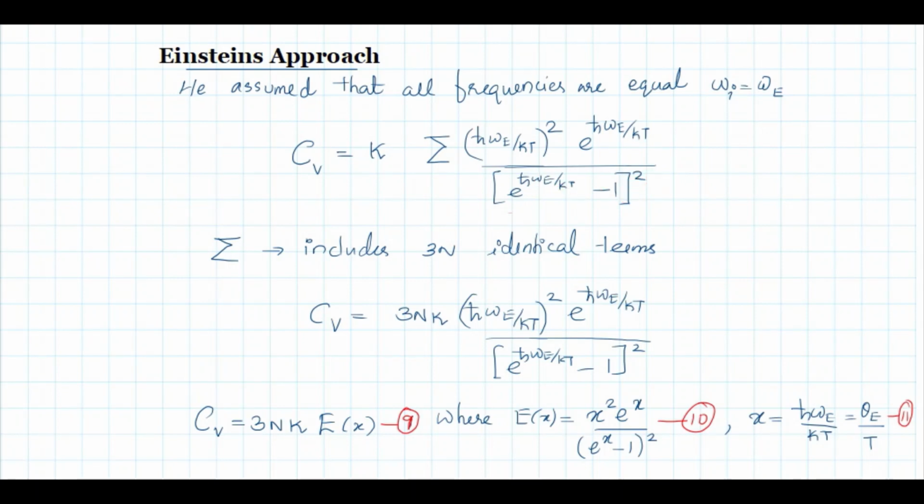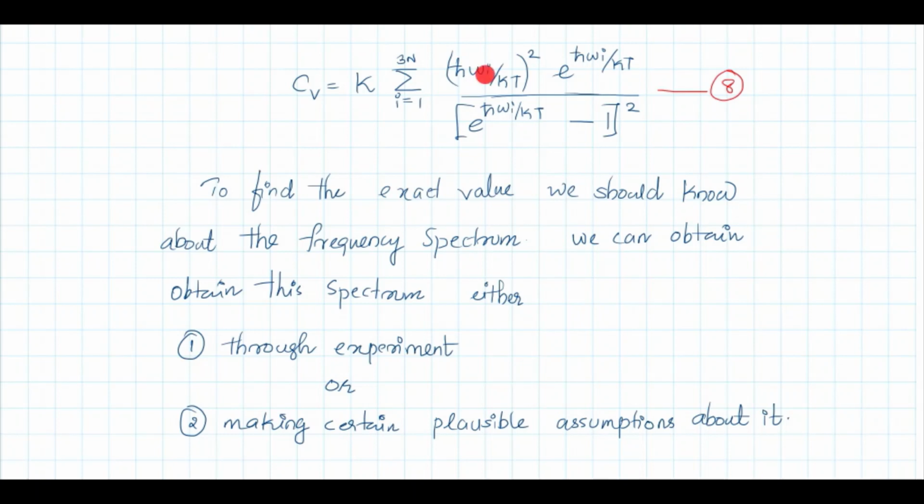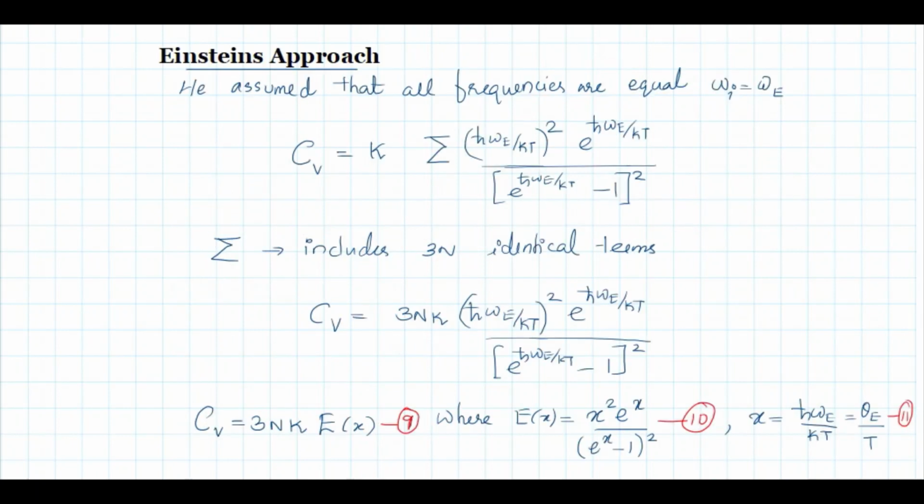So all the omega i's are replaced with omega E. Due to this summation there will be 3N identical terms, the sum of 3N terms. So that will give you 3Nk into h cut omega E by kT whole square, e raised to h cut omega E by kT divided by e raised to h cut omega E by kT minus 1 the whole square.